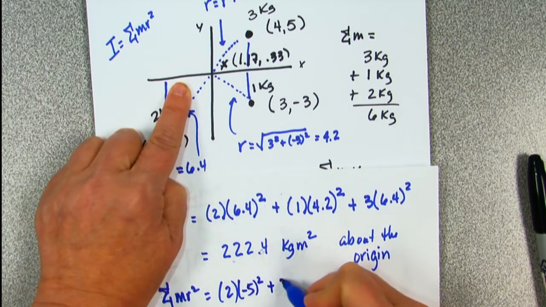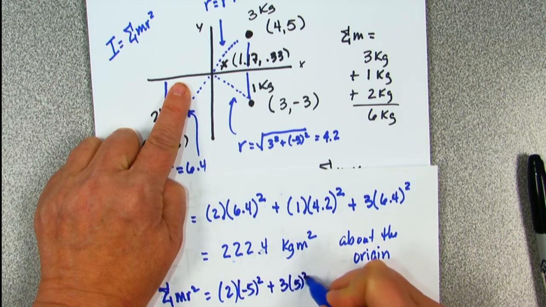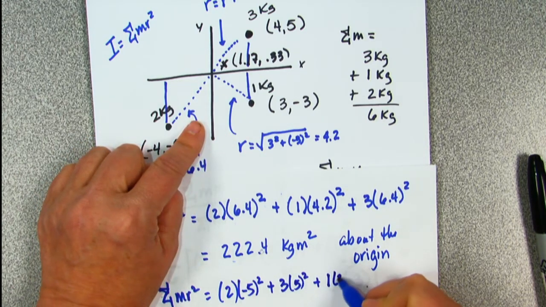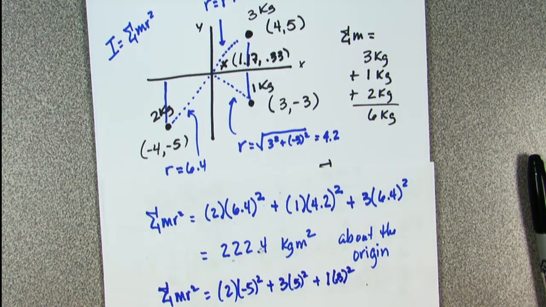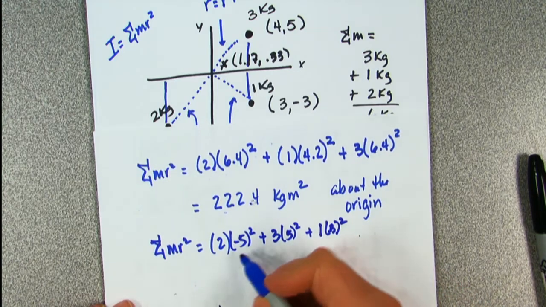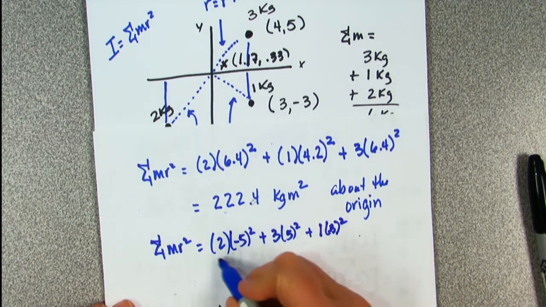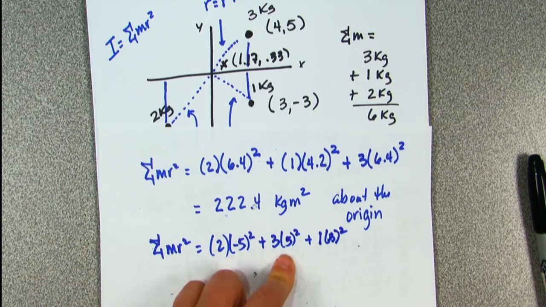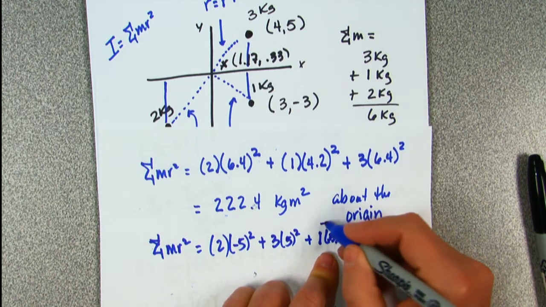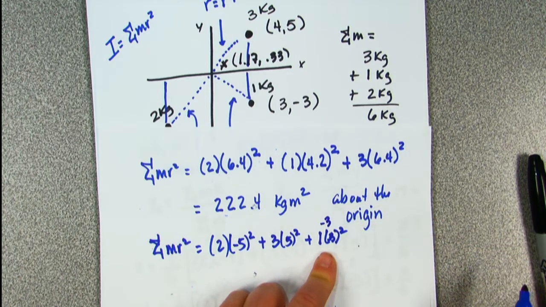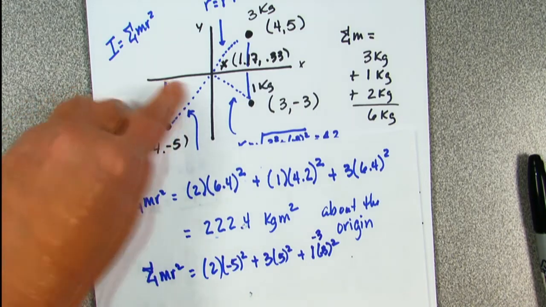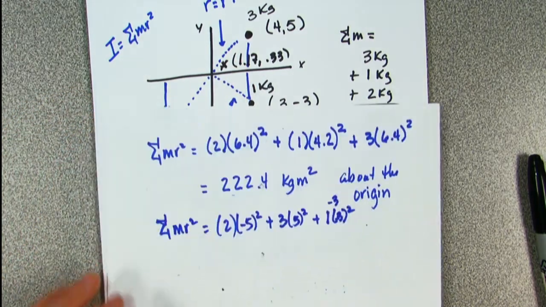Then I've got my 3, 5 squared, plus my 1, 3, minus 3 squared. Is that 5 or 3? This is 2 times minus 5 squared, 3 times 5 squared, and 1 times minus 3 squared. Because I've got to go away from the x-axis.